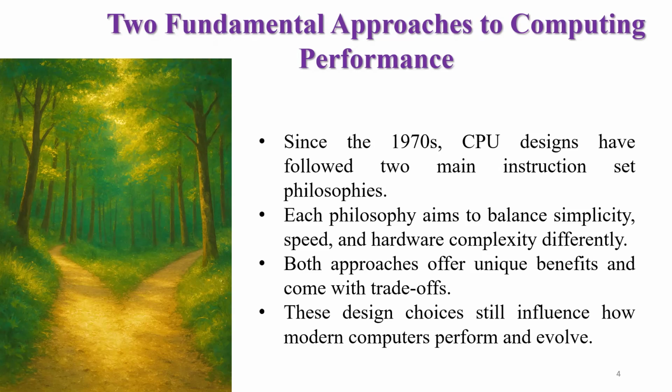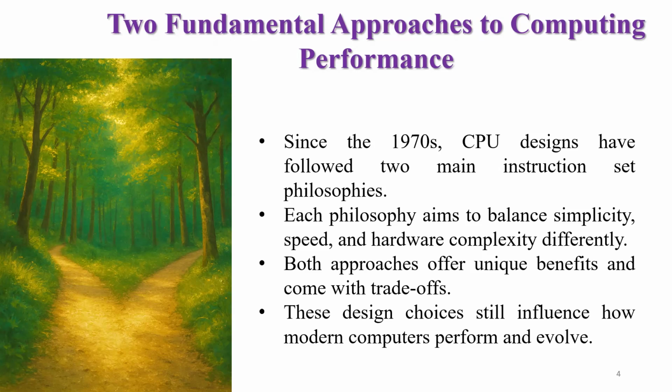CISC, that is complex instruction set computer, provides powerful, complex instructions that may take several cycles. Whereas RISC, reduced instruction set computer, keeps instructions simple, usually fixed length, and ensures fast execution. Both approaches have shaped computing, and even today, both coexist in different markets.